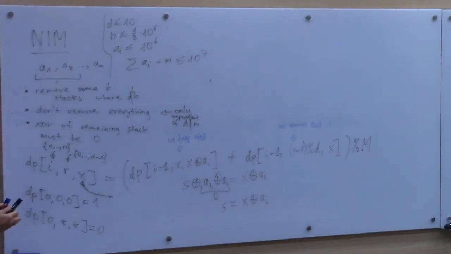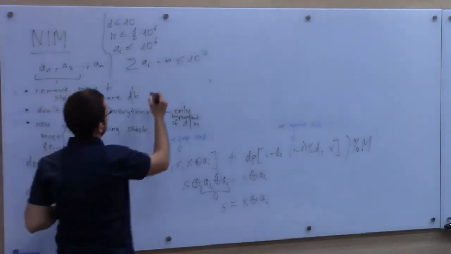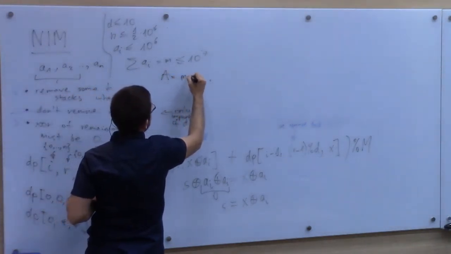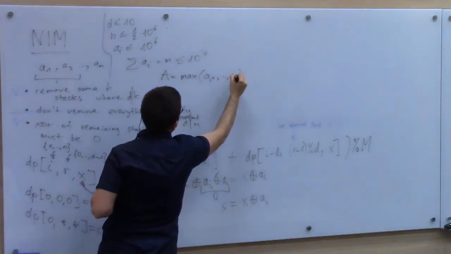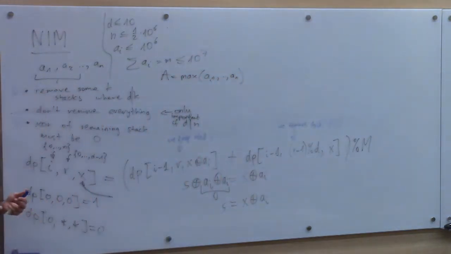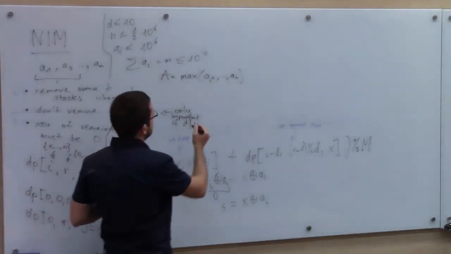Let's say that big A is the maximum from A1 to AN. A is some number which has some bits.